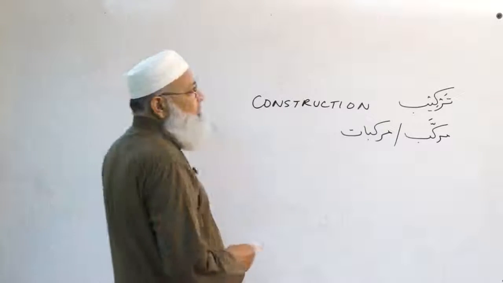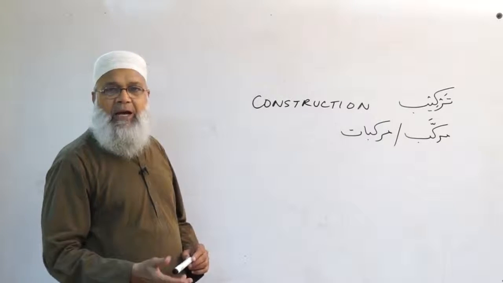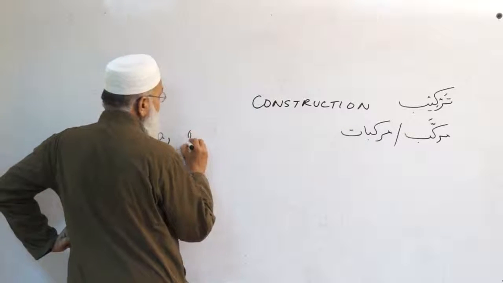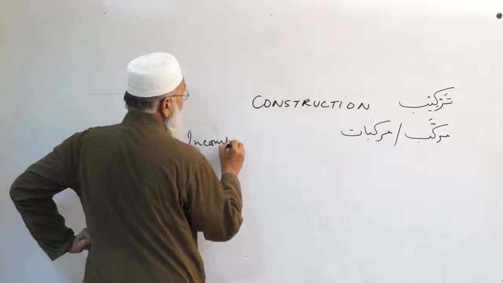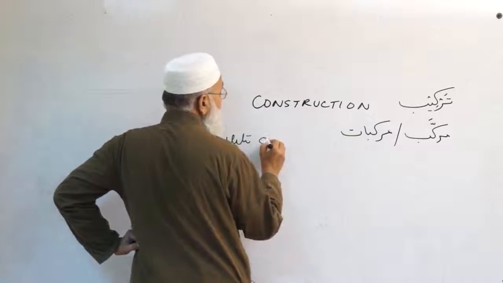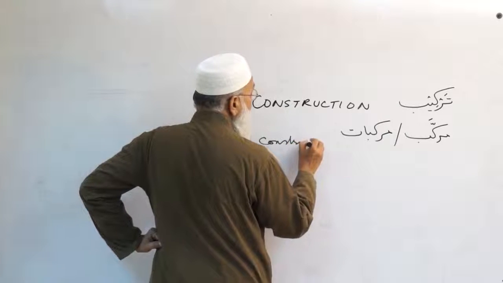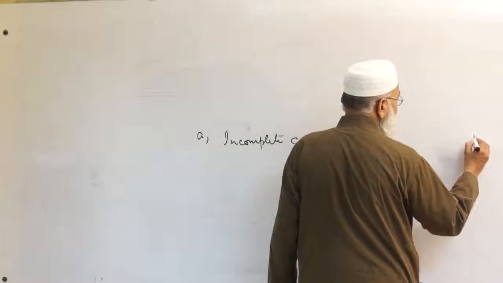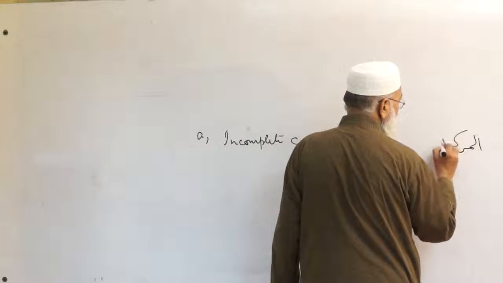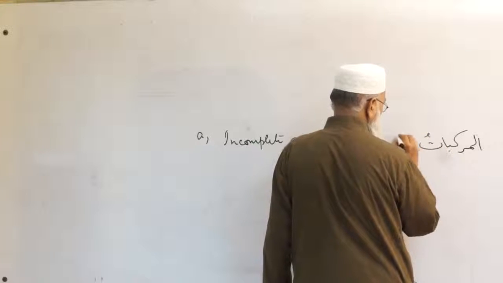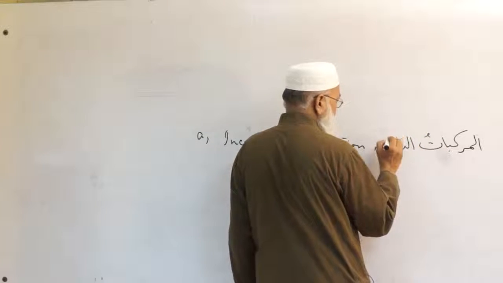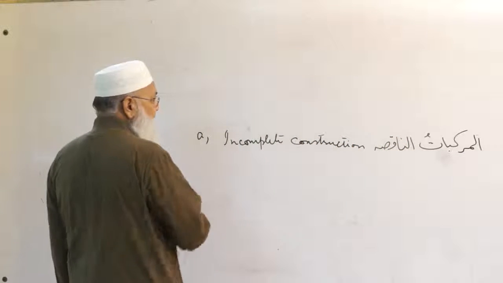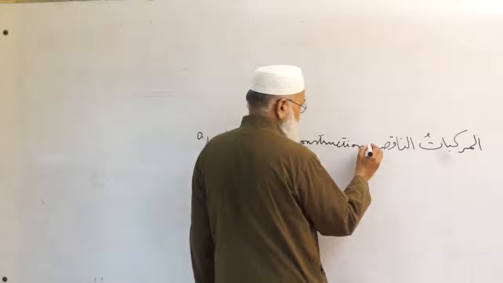Now, murakkabat may be of two types. There can be basically two types of constructions. One, incomplete constructions. In Arabic, you would call them al-murakkabatun naqisa. Naqs means shortcoming. Al-murakkabatun naqisa, incomplete constructions.